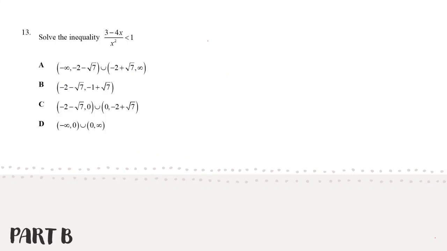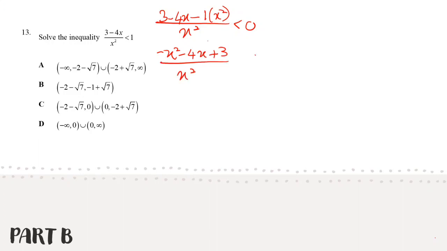Part B, number 13, solve the inequality (3 minus 4x) over x squared less than 1. So the first step is you bring 1 to the left and you equate the denominator. So you simplify the numerator part, you get (negative x squared minus 4x plus 3) over x squared less than 0. So the numerator part, you get a quadratic form.